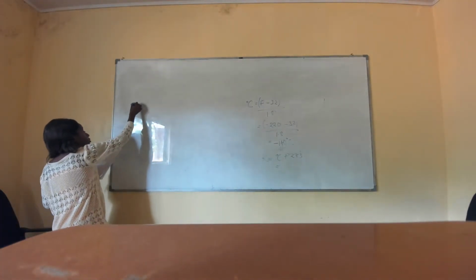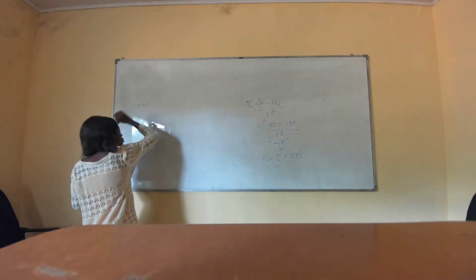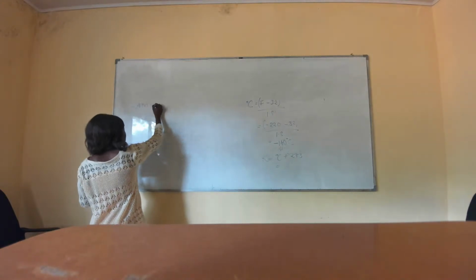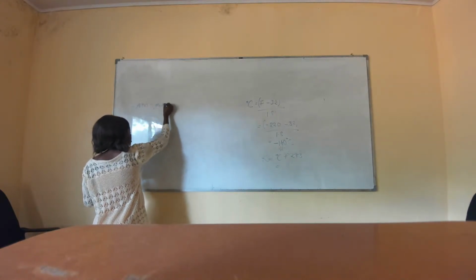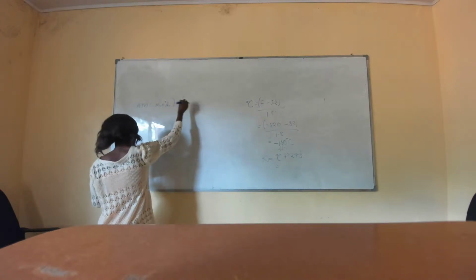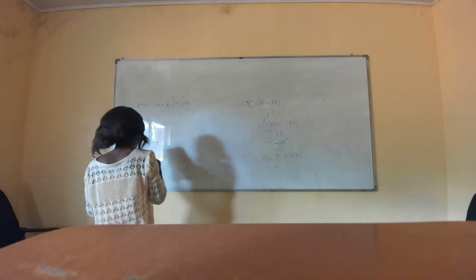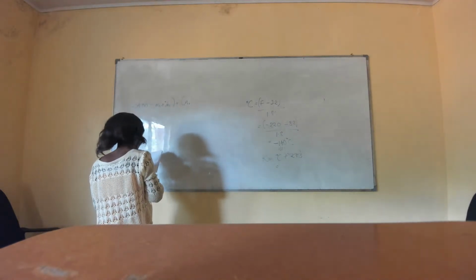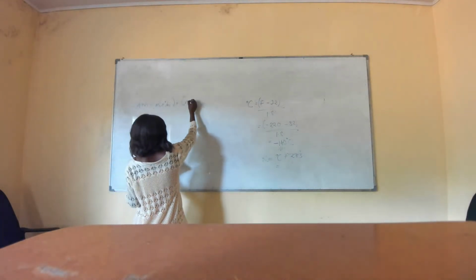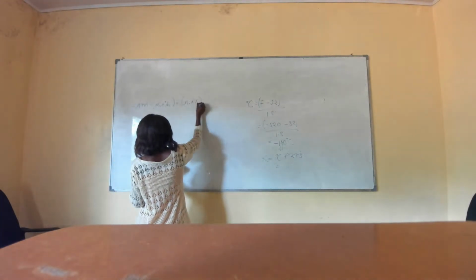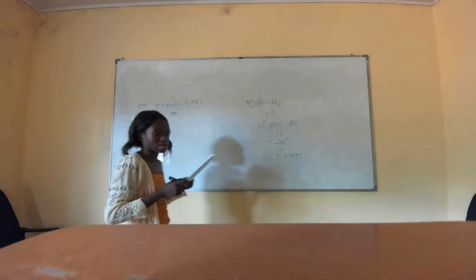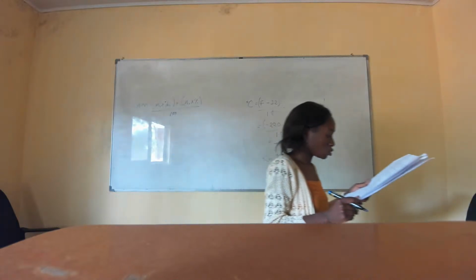So relative atomic mass is equal to: we simply multiply the mass we've been given by its percentage abundance, plus the mass of the second by its percentage abundance, divided by 100%. So that's what we're supposed to do.